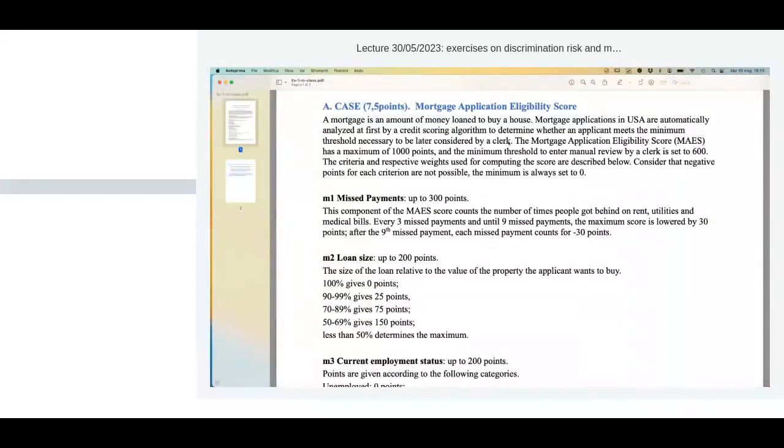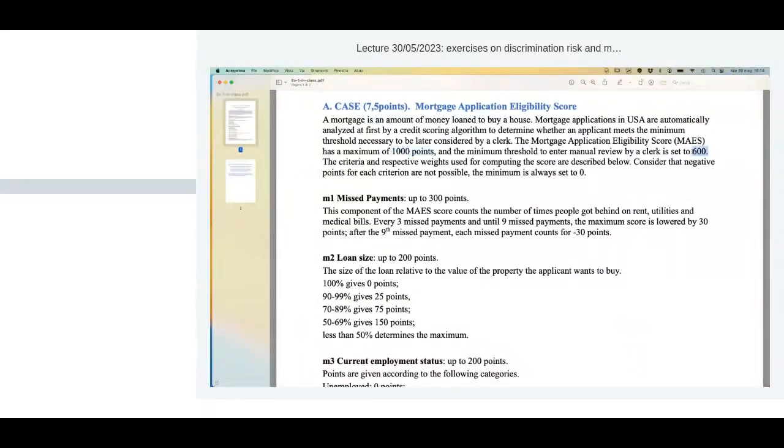If an application is not selected by the automatic step, it will never be analyzed by a clerk, so it is rejected. The mortgage application eligibility score, MAES, has a maximum of 1,000 points, and the minimum threshold to enter manual review by a clerk is set to 600.